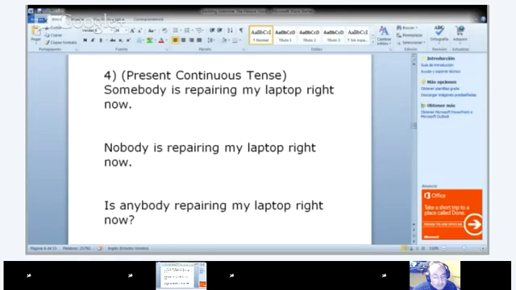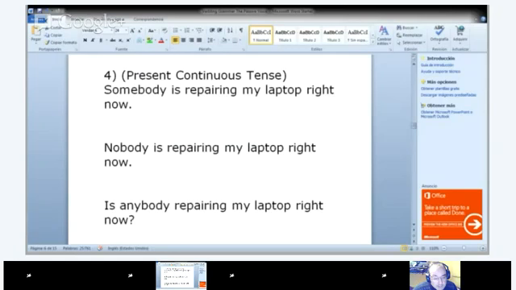Yes. Now that is active because Sammy is not repairing your laptop. Or we can say my laptop is being repaired by Sammy, for example. Absolutely. Or we can just simply say my laptop is being repaired.